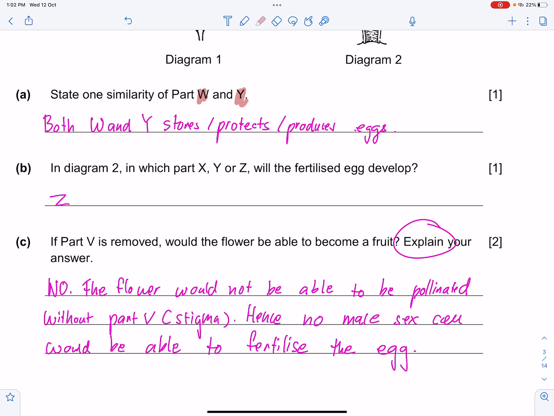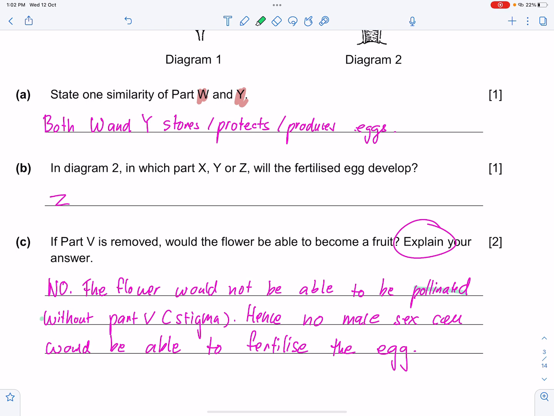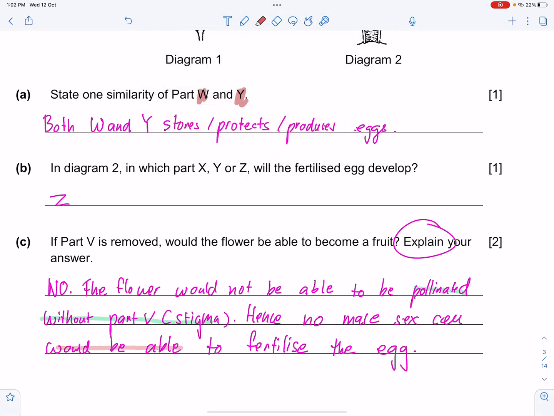So 2 points. First point, we are concerned with pollination. Second marking point, we're concerned with fertilization. So because pollination cannot happen, there is no male sex cell to go down to fertilize the egg.